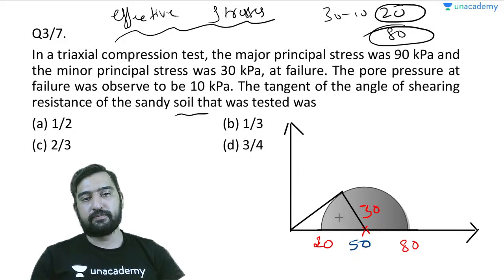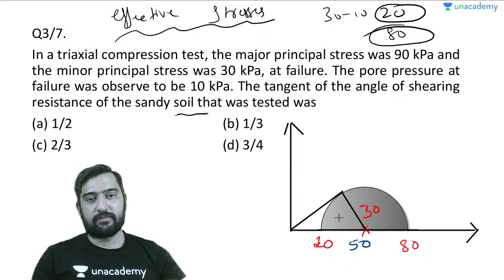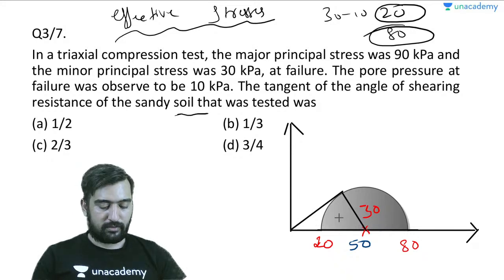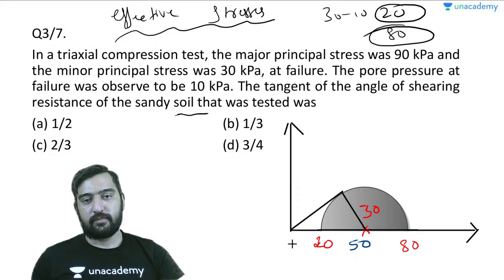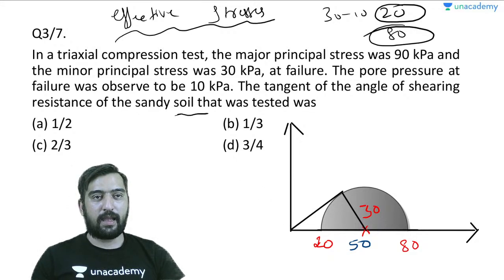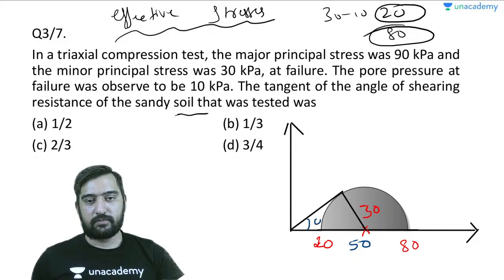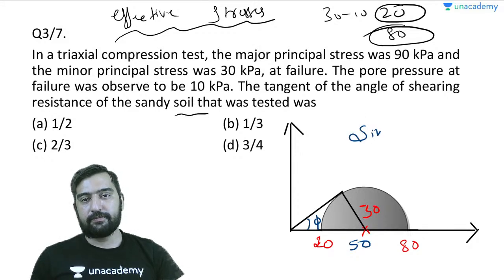So this is the angle. So sine phi is 30 by 50.